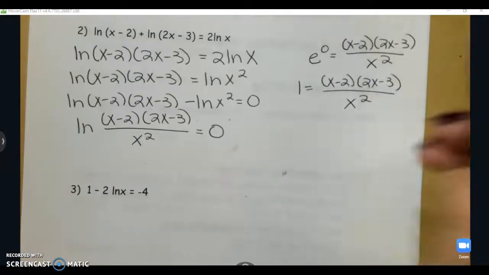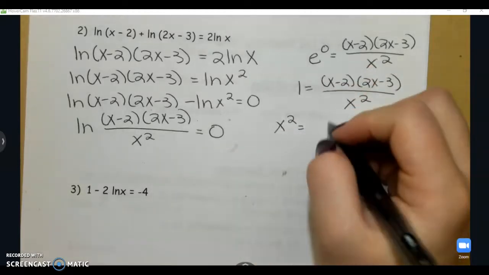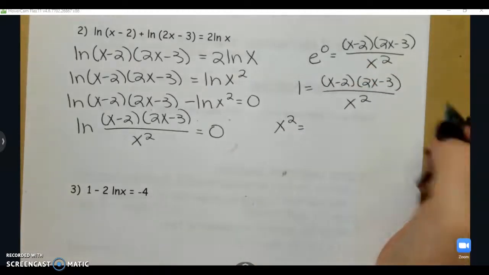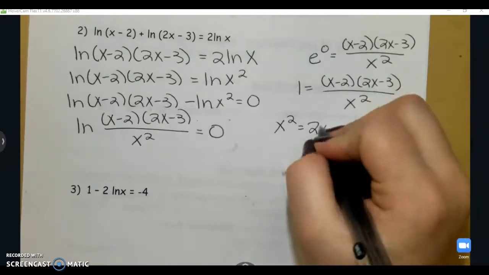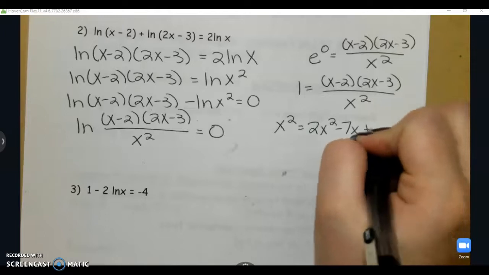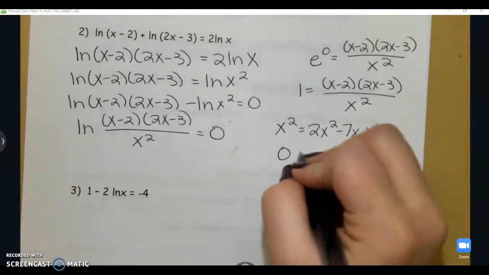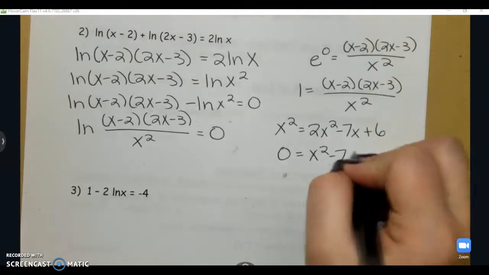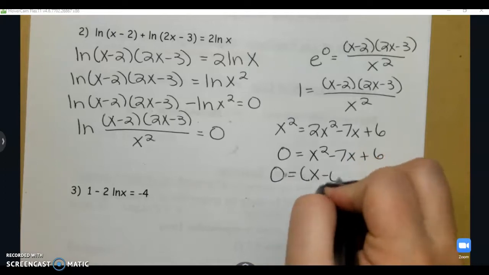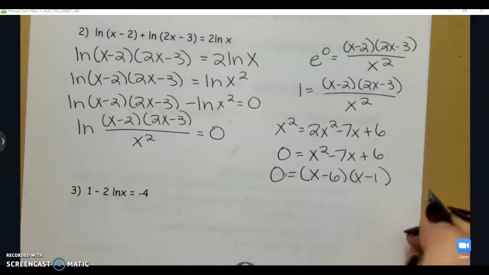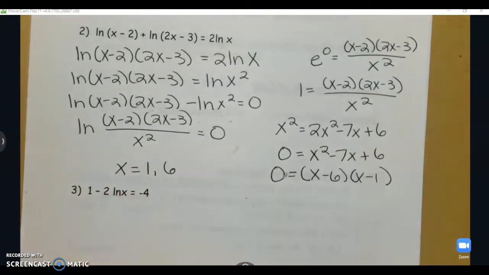The first thing I need to do is get rid of my denominator, and I'll multiply by x squared. And then I'm going to go ahead and FOIL the top. So x minus 2 times 2x minus 3, and that is going to give me 2x squared minus 7x plus 6. And now I can move that x squared back over. So x squared minus 7x plus 6, we can factor that. It's going to give us x minus 6 times x minus 1. And so our two solutions are x is 1 or 6.